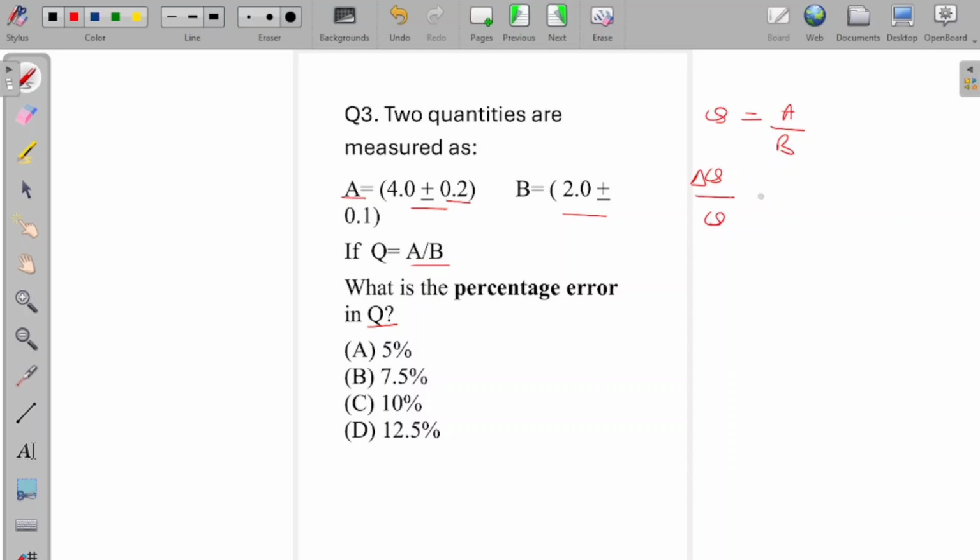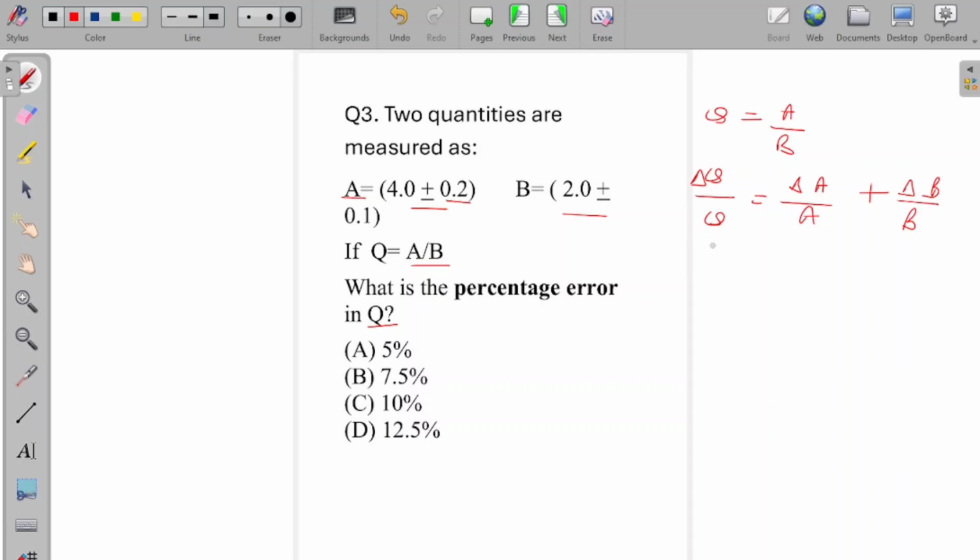Delta Q by Q is equals to delta A by A plus delta B by B. Even if we had multiplication between A and B, we would have written this kind of expression.